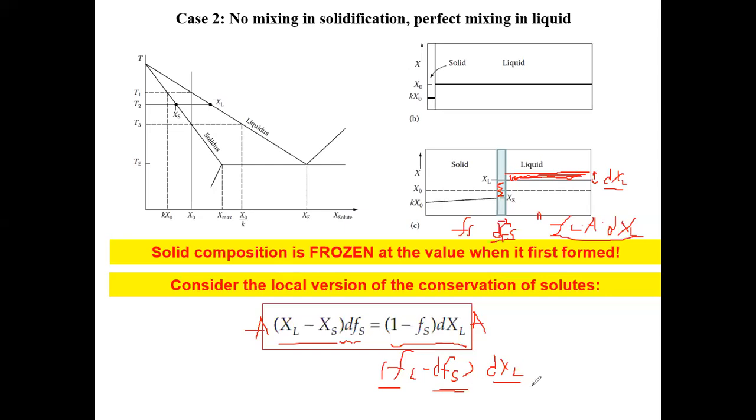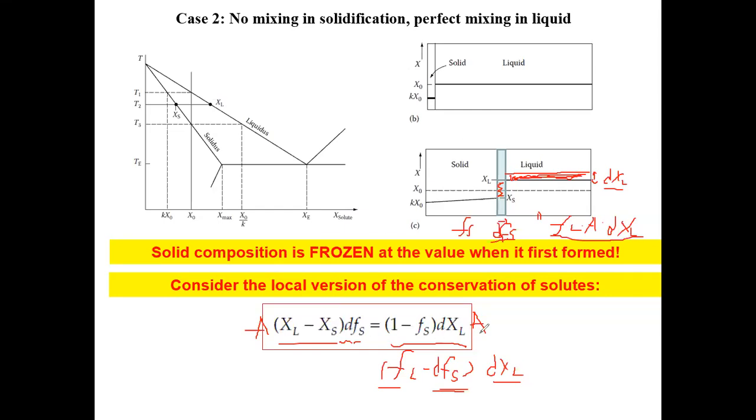The product is vanishingly small compared to all the other terms in our equation when you take the limit where these all go to 0. So they won't play any role, and we'll just approximate fl as 1 minus fs. Does this make sense to everyone? I think this is clear, right?